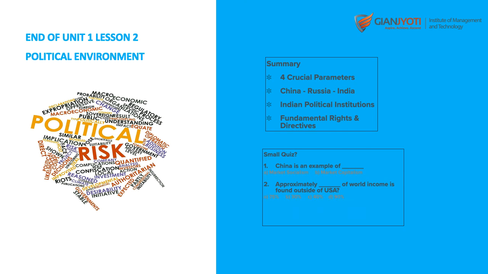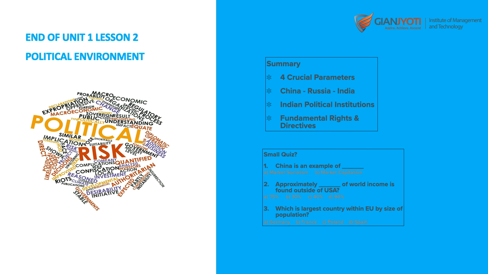The choices are 75%, 30%, 40%, or 90%. Third, which is the largest country within the European Union by size of population? Is it Germany, France, Poland, or Spain? I'll give you some time to write your answers.